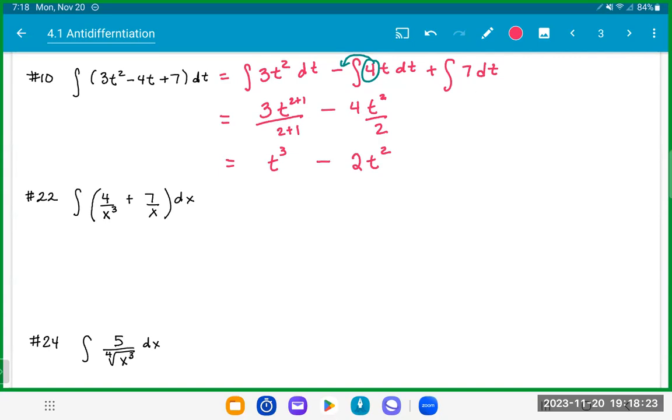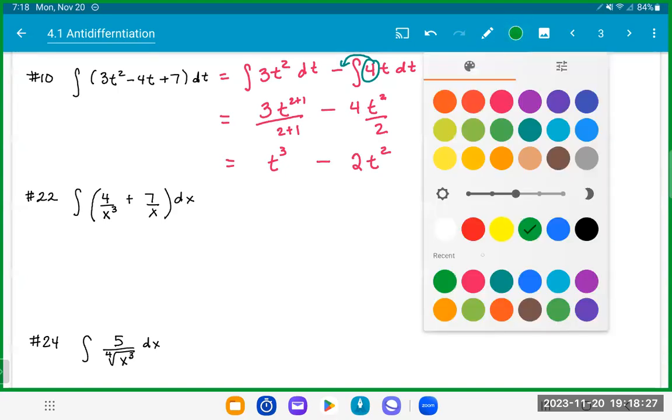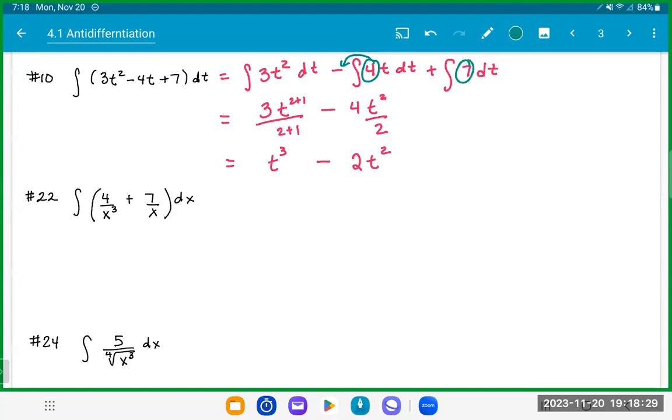So now we have this constant here. Again, we can bring that outside. Okay, so this is plus 7 times, now we have nothing, right? So how do we get to basically just the dt? That would be if I took the derivative of t, right?